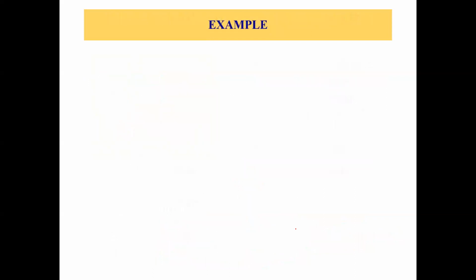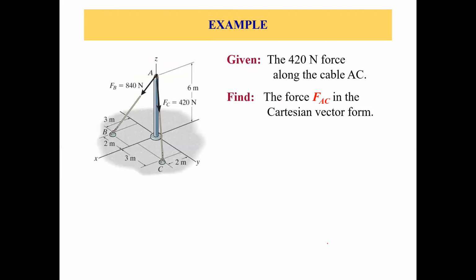Now let's move forward and do an example. What's the given system? Again, we have a 3D system, three-dimensional space with three coordinate axes: x-axis, y-axis, z-axis.